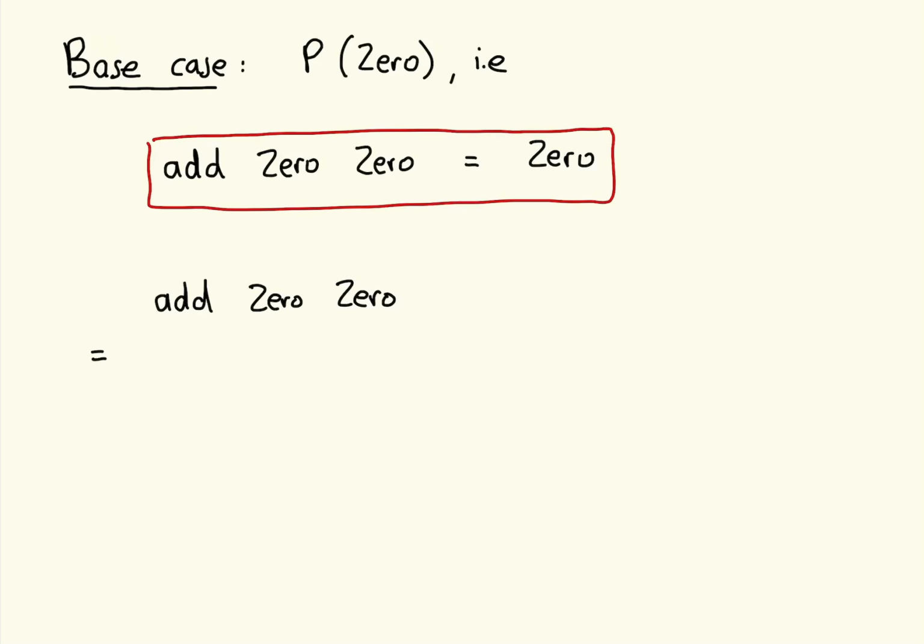Well, by definition, add of 0 and anything is the anything, and in this case the anything is 0. So I'm simply applying the definition of add, and I'm typically going to write some hints between my steps to explain what I'm doing. If I apply the definition of add here, then I get down to 0. So I've shown exactly what I needed to show: that add 0, 0 is 0, and I've just shown that in one trivial little step by applying the definition.